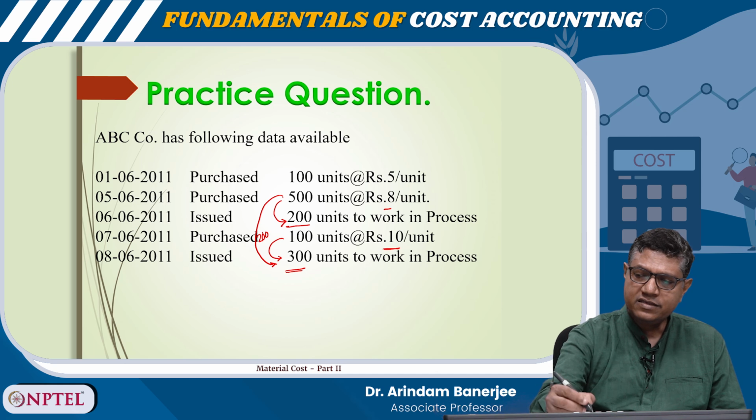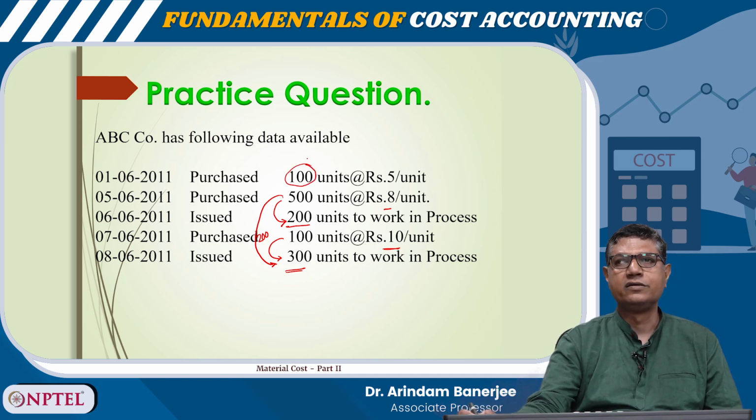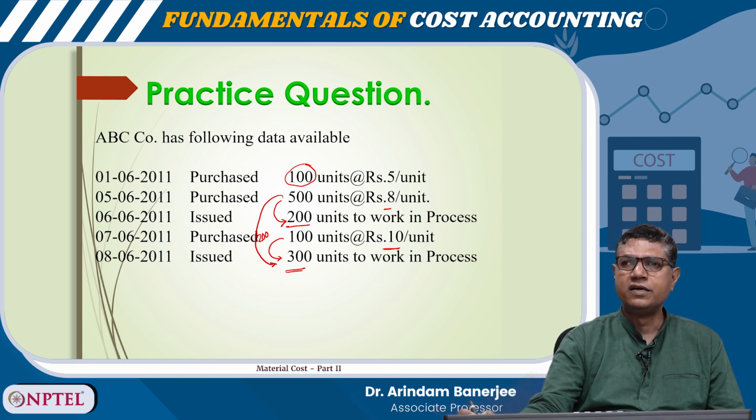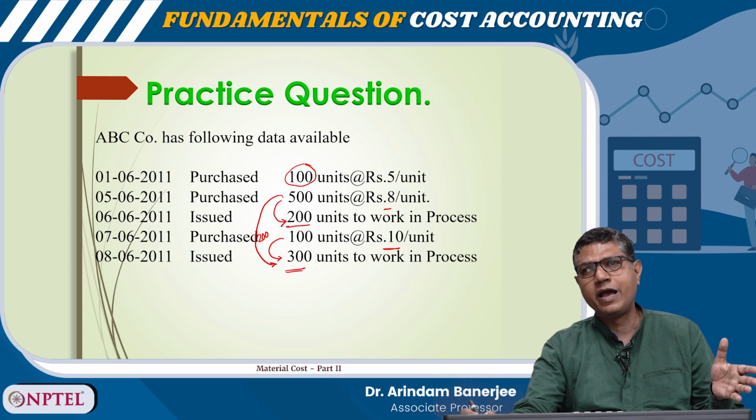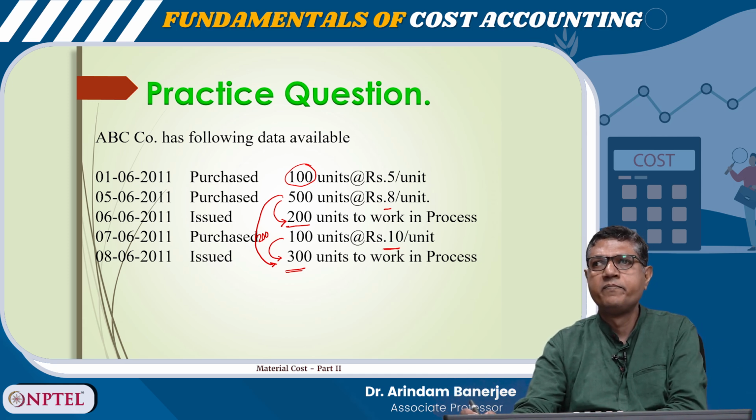So, this 100 units remains in the stock. It will be assumed that it remains in stock. So, this is the difference between FIFO and LIFO. Okay. Now, let us see the solution.